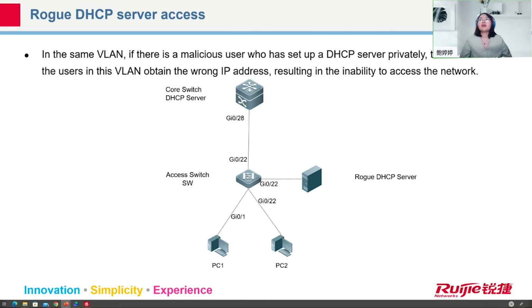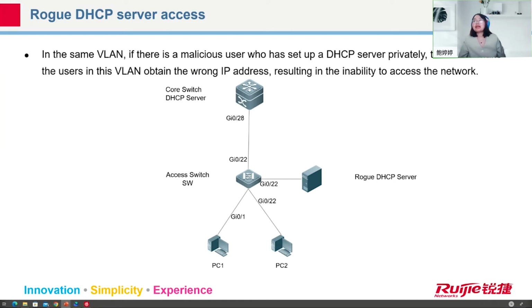I also give you the gateway address, but this IP address and gateway will force your messages to my site. Or maybe I give you the IP address and the gateway, but there is no routing information in your network. So finally, you will find your client can get an IP address but cannot visit the internet, or maybe can only visit some resources. So this is the function of the illegal DHCP server.